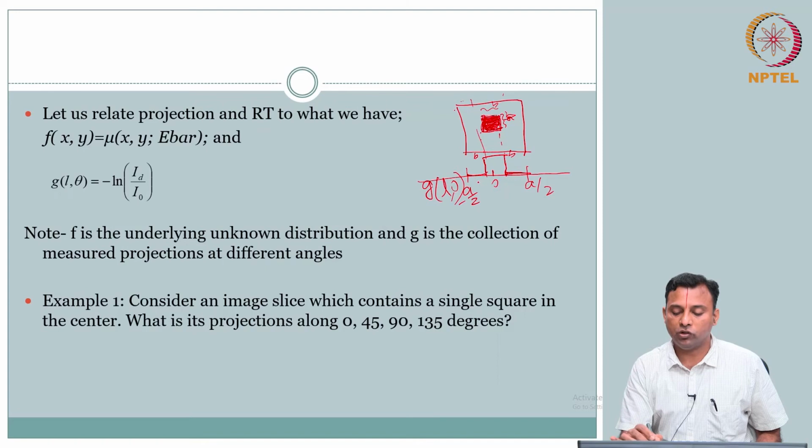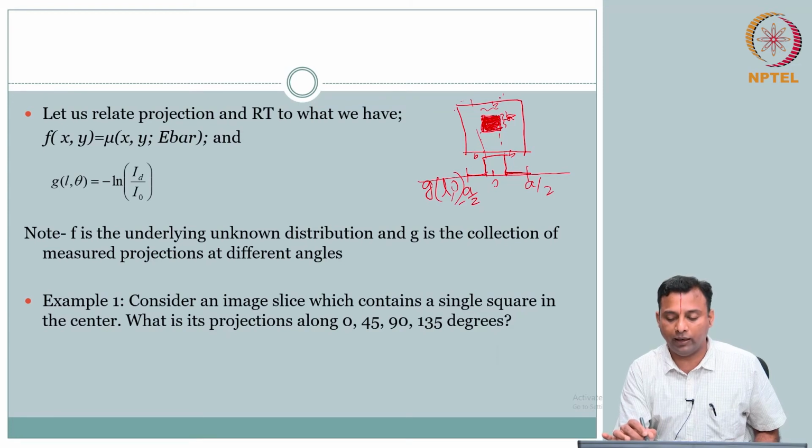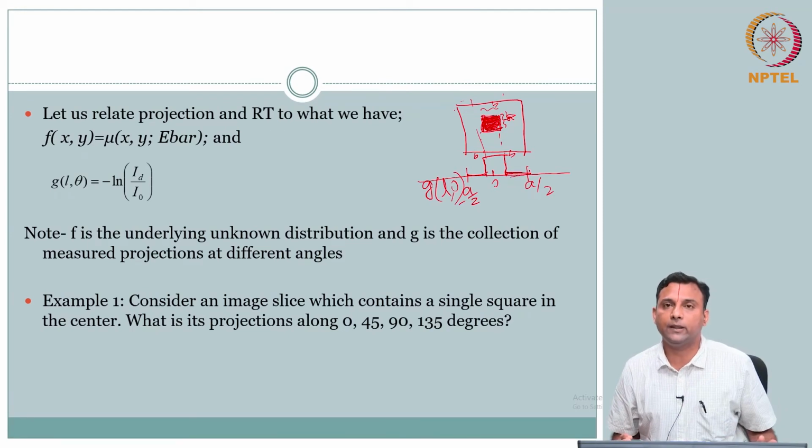So I have 0 and then it rises to B, and then it is always B inside the box because the length is not changing and all of them have the same value. And then once the line comes outside this box, I get 0. This is one simple projection.